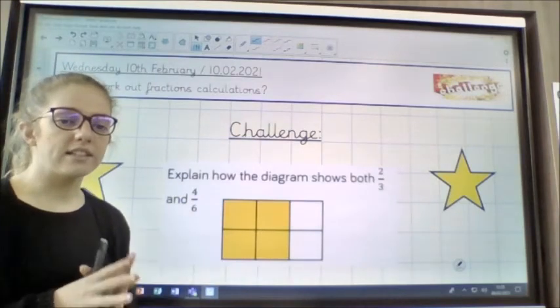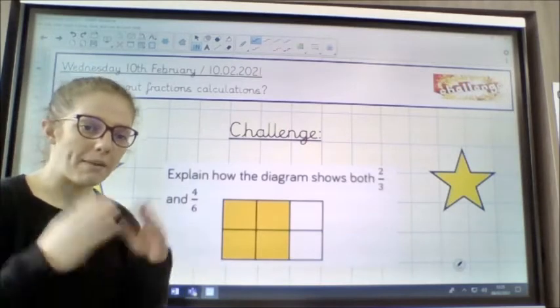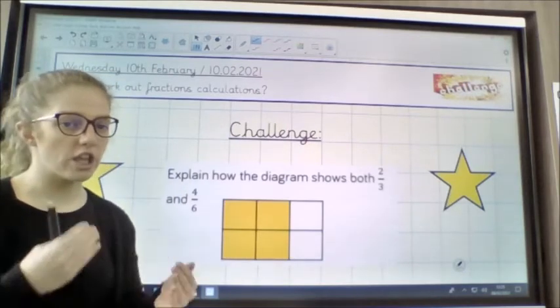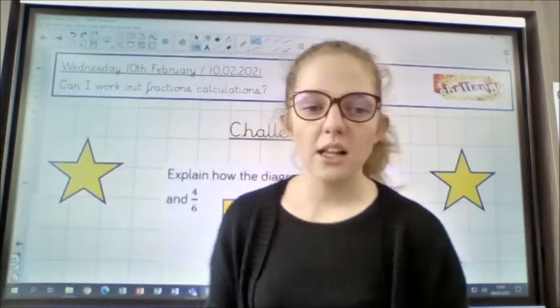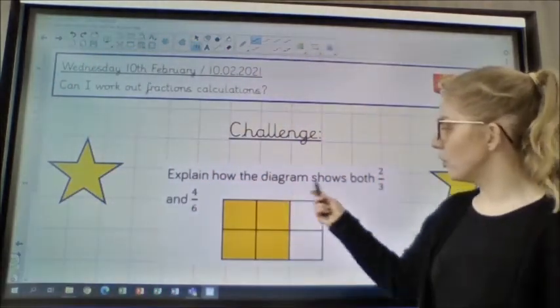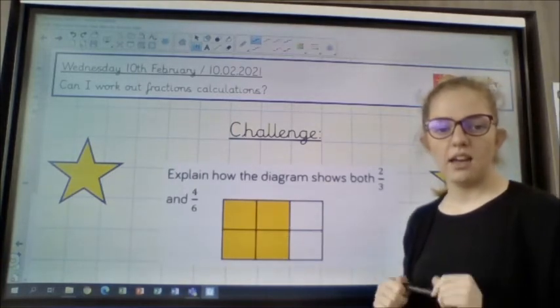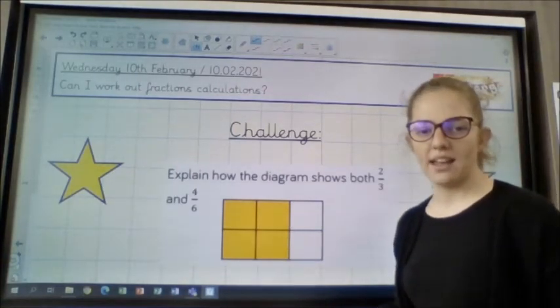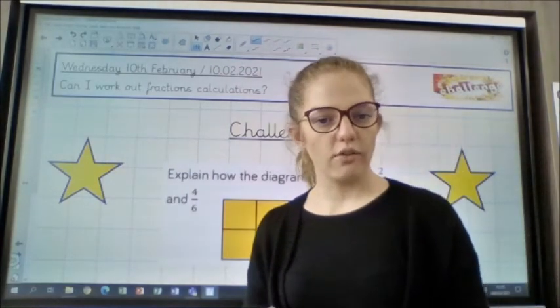They both represent the same amount of something, it's just that they're represented differently in a fraction, okay? So tell me how that represents 4/6 but also 2/3, okay? Have a go, try your best, and let me know by sending in your answer to the Year 4 email.